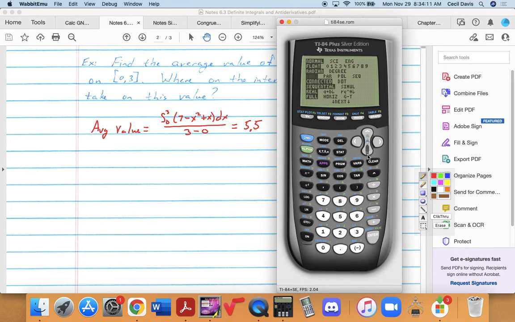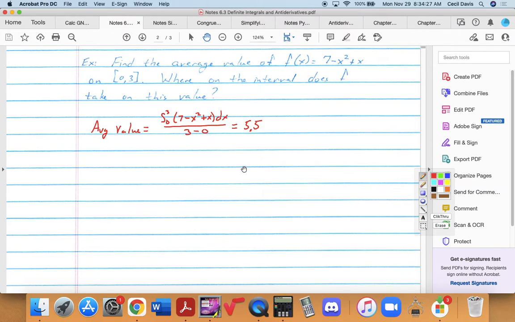Oh, answer auto or decimal. Interestingly enough, mine's on auto also, and it gave me a decimal. Is yours the Python one? Yeah. I also updated my calculator software from the website recently. Did you use the TI-84 or the TI-84 Plus C? I can only use the TI-84 Plus C Python software. Did you use Texas Instruments software?